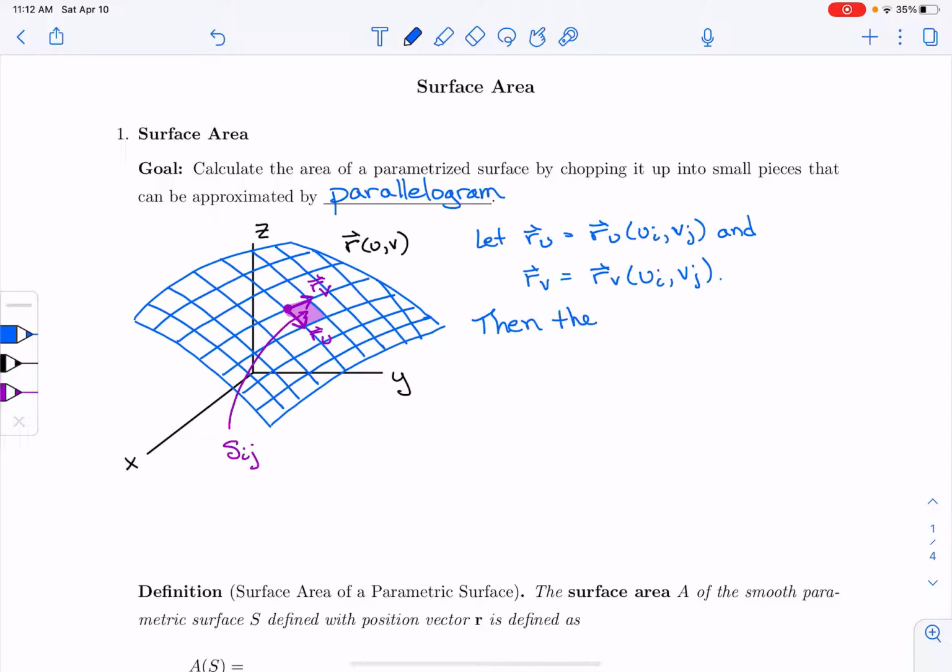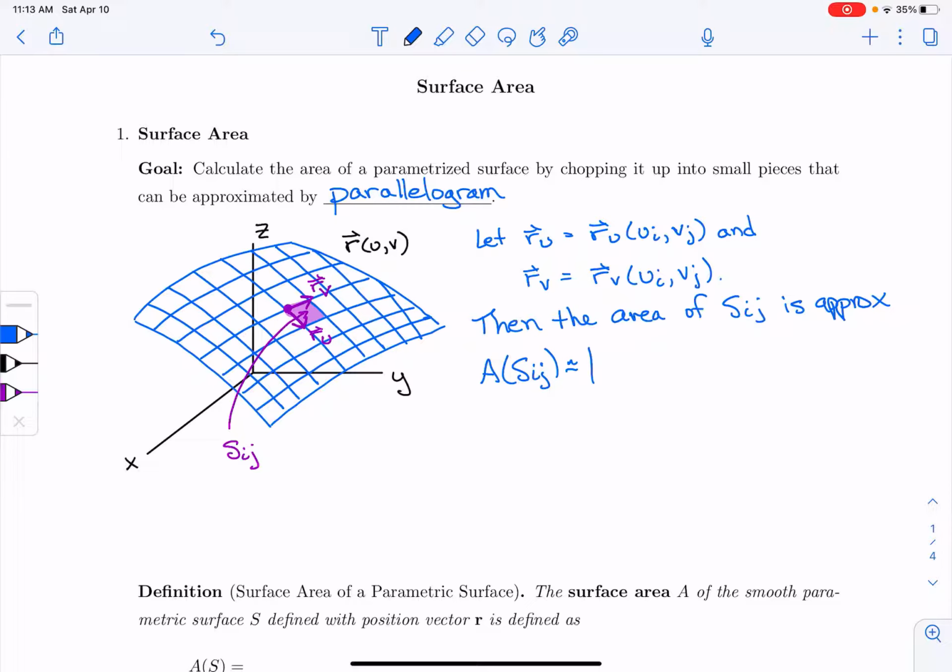And the area of that small piece, S sub ij, is going to be approximately the area of the parallelogram formed by the two vectors r sub u and r sub v.